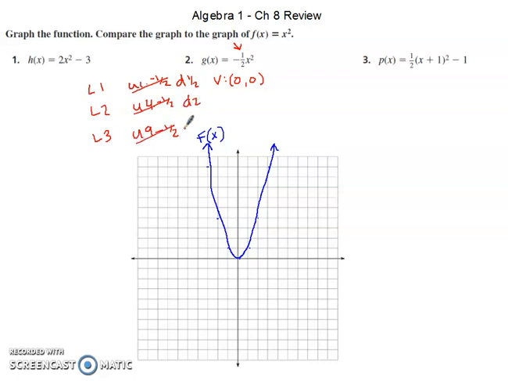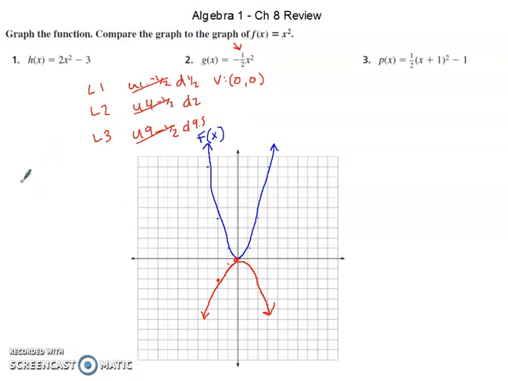Here I'm going down 9 times 1/2 is 4.5, 4.5. And then the same on the right. So my vertex is at the origin. I go left 1, down 1/2. Left 2, down 2, left 3, down 4.5, and then we reflect on the right-hand side. So my parabola looks more or less like this.